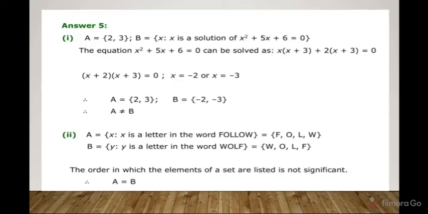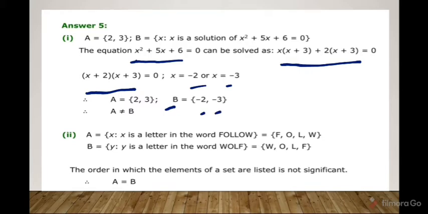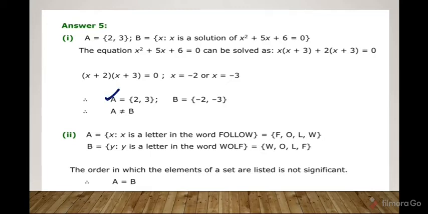Look here. Take this quadratic equation and do the middle term factorization. If you do the middle term factorization, your solution will be x equal to minus 2 and minus 3. That means set B will be the collection of minus 2 and minus 3. Now set A was given as the collection of 2 and 3.